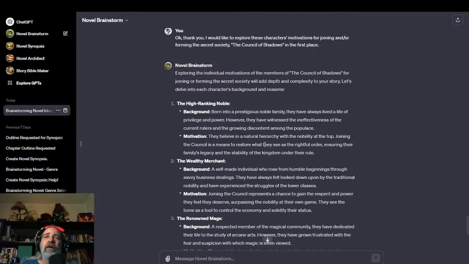So 8,000 tokens would be in the 5,000 to 6,000 word realm, and a 128,000 token window would be in the 80 to 96,000 word ratio. So you're talking about a novel there.